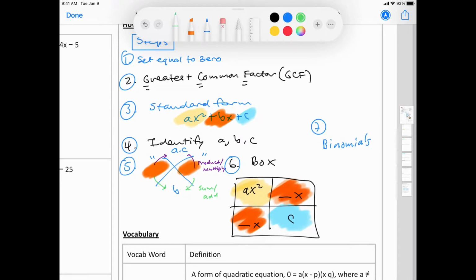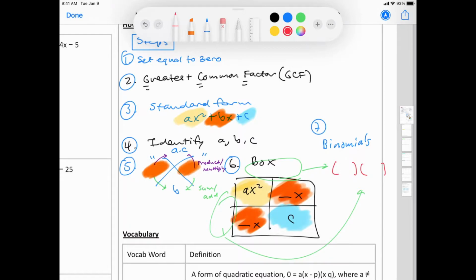And you get the binomials that are on the outside here. Your answer will look like this. Okay? All right. So this is called the area model of factoring using the X box method.